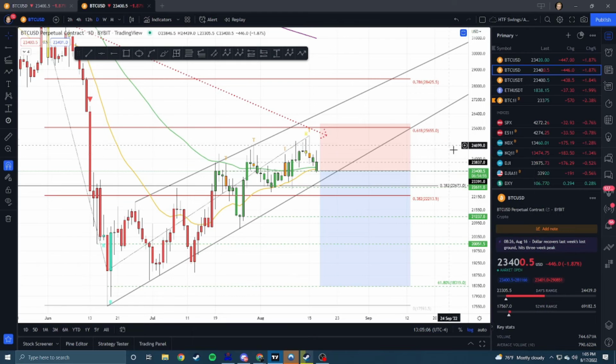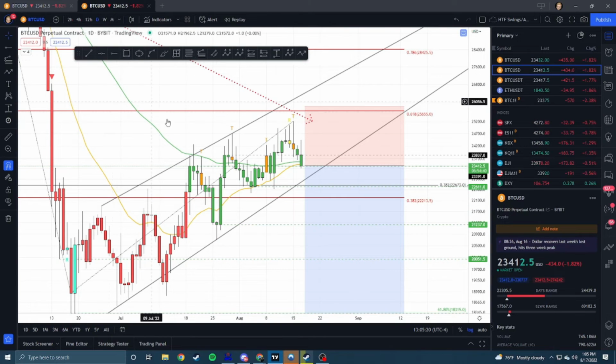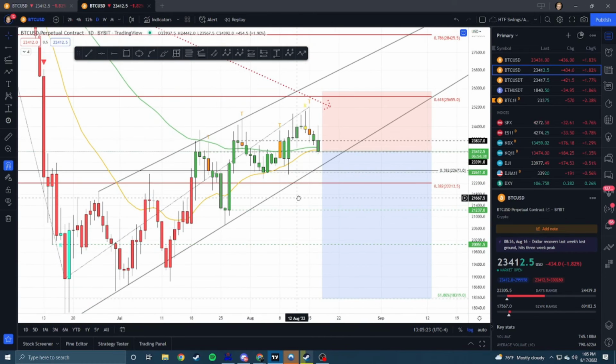So if a daily candle closes below, namely 23.4K, then I'm essentially going to look for a short, because in my system that confirms a local high in a bearish trend. Therefore, that signals a bearish continuation for me. So it is worth taking or risking a short here.